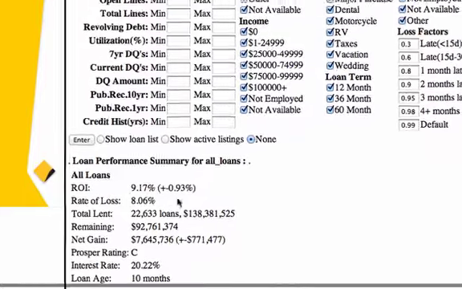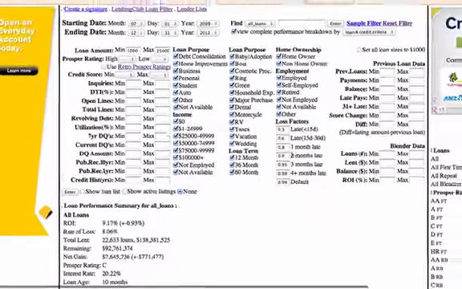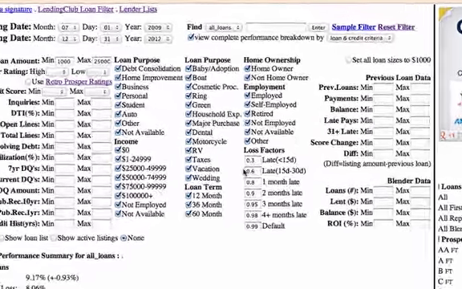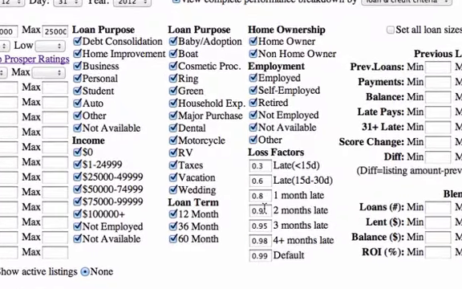Now, just a quick word about this estimated ROI. How this is calculated is it takes into account late loans. Ken applies a loss factor to each loan, depending on how late the loan is, which determines how much is deducted from the future ROI. You can see that a loan that's less than 15 days late is going to take 30% off the full value of that loan as far as making it through to maturity.